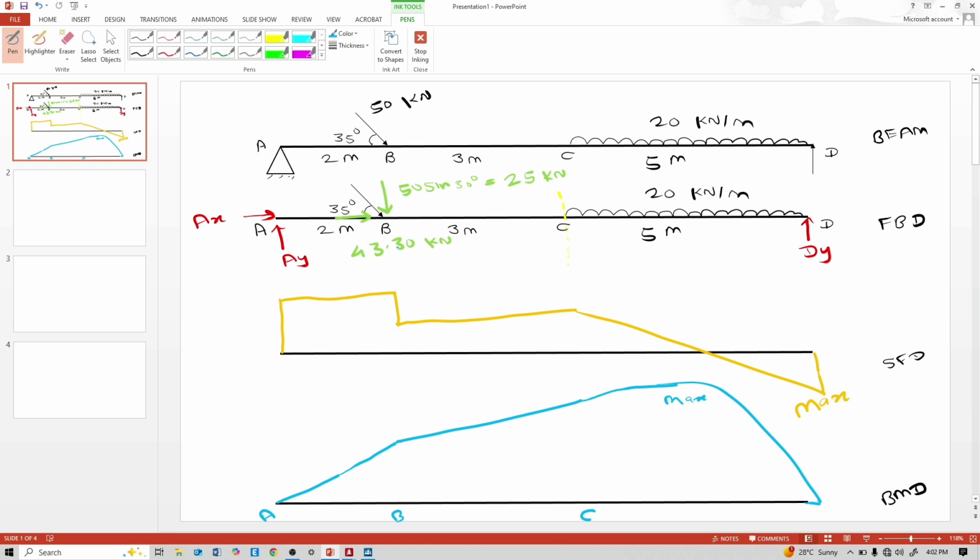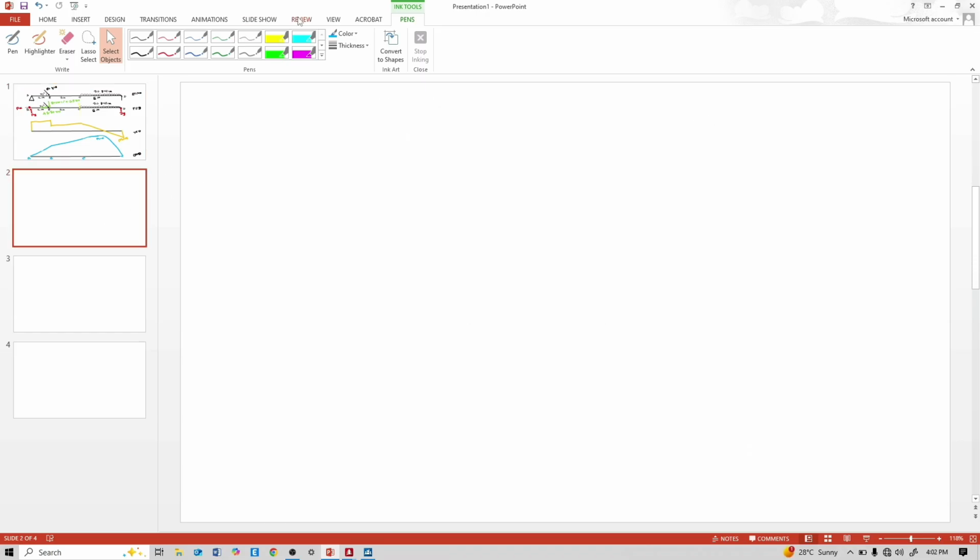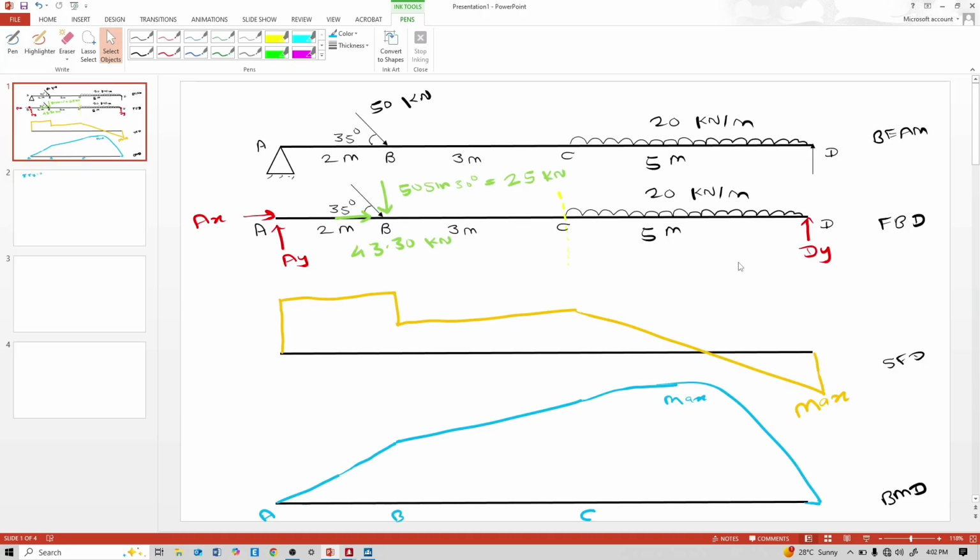Now we need to calculate exact values. So for that, first equilibrium in y, summation of Fy equal to 0. This is AY plus DY minus 25 minus 100. Here the concentrated load of the UDL, 20 into 5, is 100 kilonewton, acting at mid, and from D it is 2.5 meter.